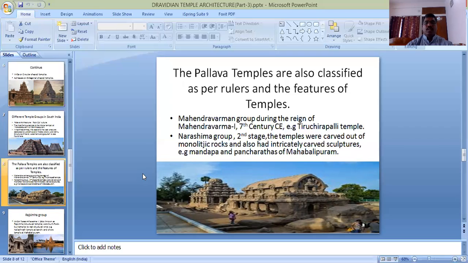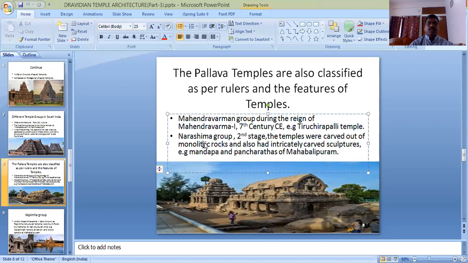So the Mahendra Varman group of architecture during the Pallava period, especially 7th century CE, and for example, Tiruchirapalli temple was the Mahendra Varman style or Mahendra Varman group temple style established during the Pallava dynasty.